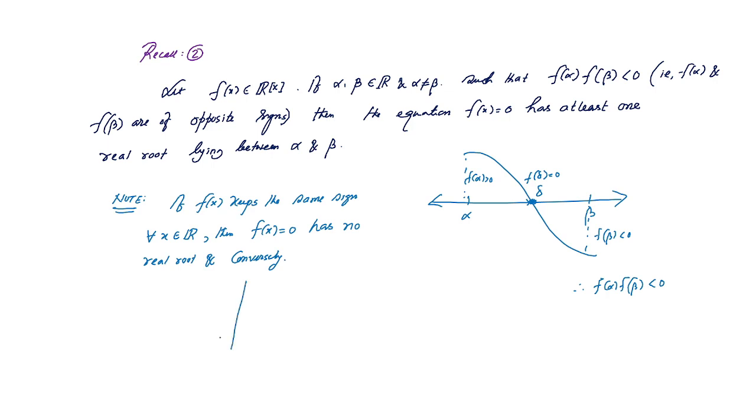It is quite obvious. This is a real line and f(x) maintains the same sign always. So obviously it does not cut the x-axis. So that means it has no real root.